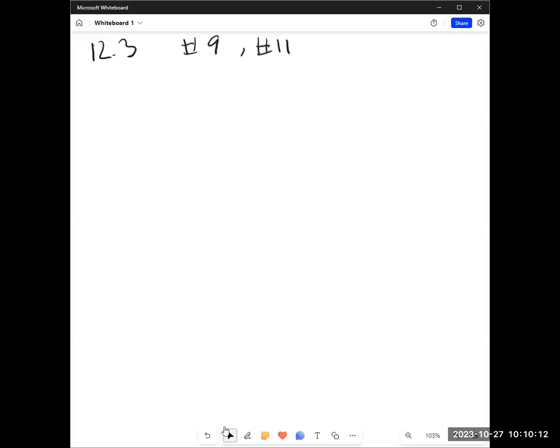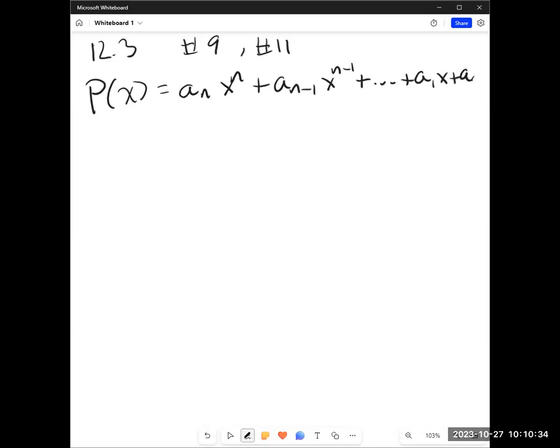A polynomial is in the form of this, where the a sub n, a sub n minus 1, all the way down, all these things are called coefficients.